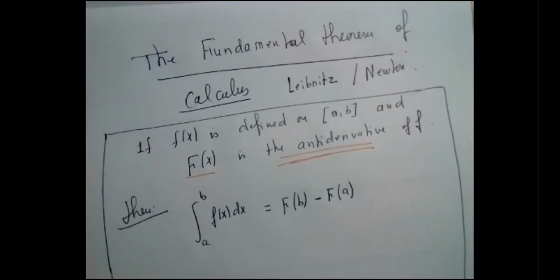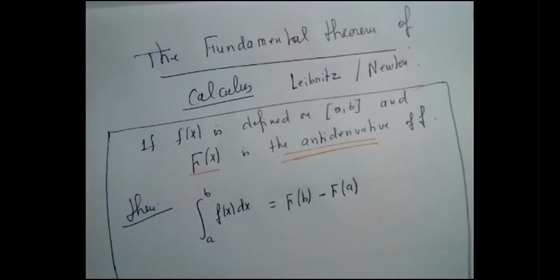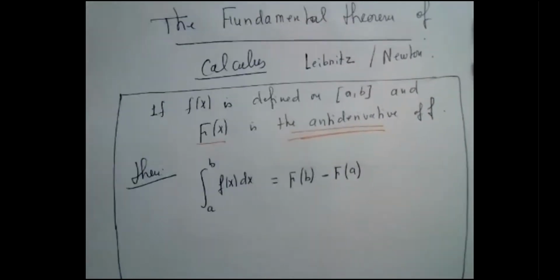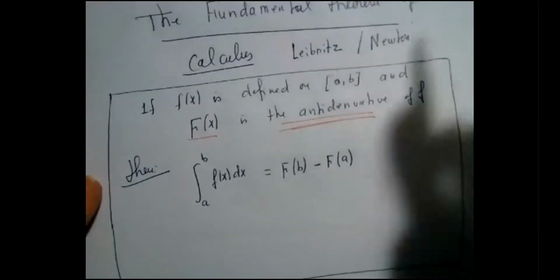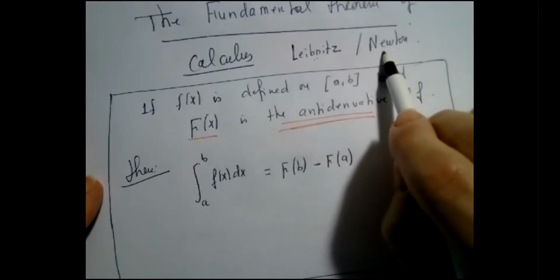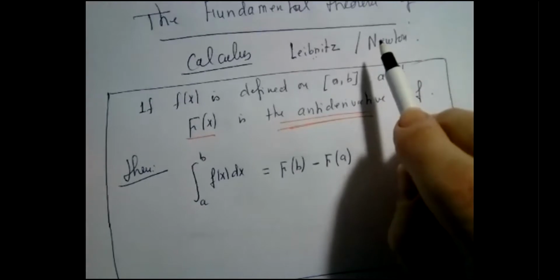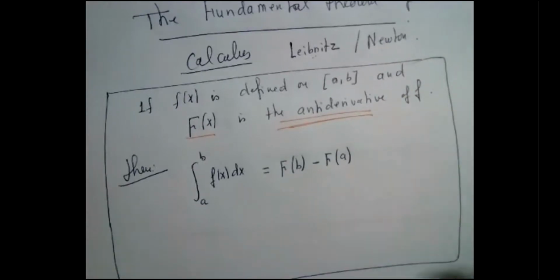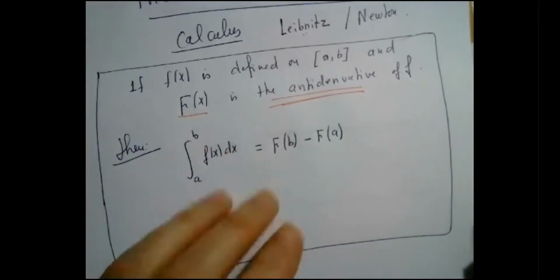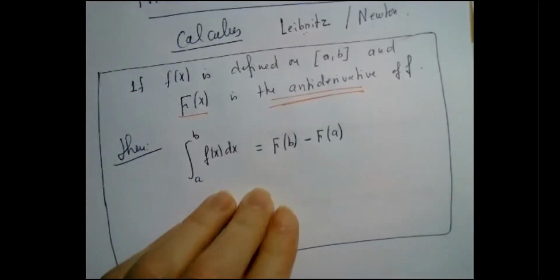They discovered it basically at the same time. Newton is British, Leibniz is German, and for a long period of time there was a big feud between their supporters on who actually discovered it first. But they did discover it independently from each other, and they are both given credit for this discovery.